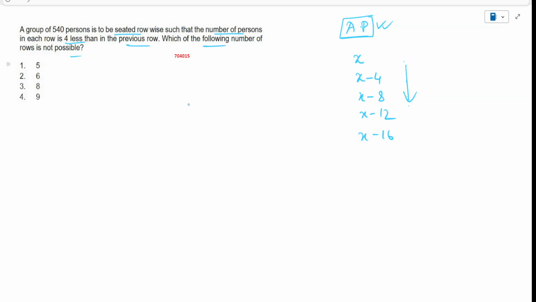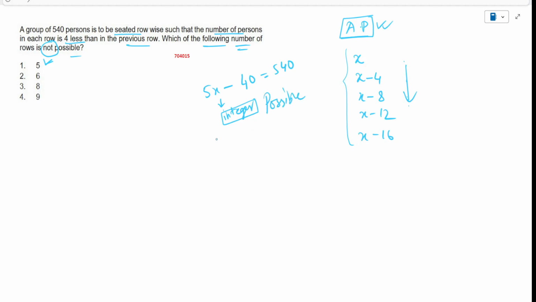Now if we choose x equal to 5, then what is the total? 5x minus 20, 36, 40. This will be the value, and we get x as an integer value, because the number of rows will definitely be an integer. So this is valid, but we have to find the one not possible. This is possible.